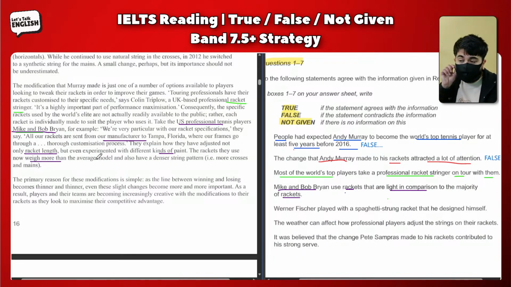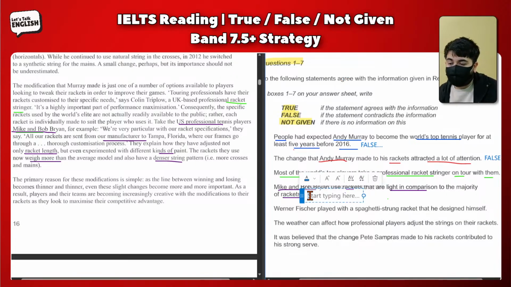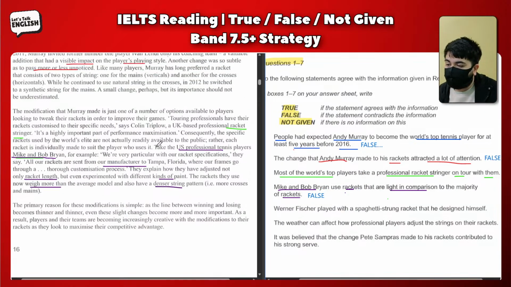They weigh more than the average model and have a denser. So, first of all, it is given, entirely given. They use rackets that are weighing more. And the question statement number 4 says that they are light. So, yes, first of all, it is given. And second, it is totally opposite to what the question statement says. They don't agree, and hence I will mark them as false.